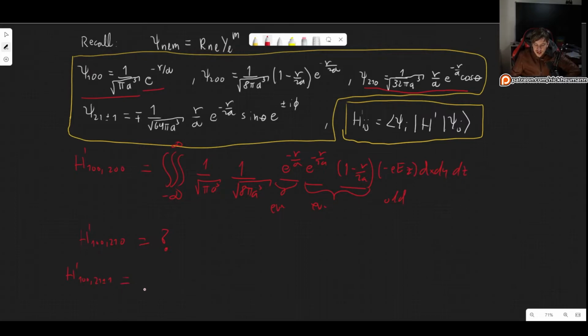So in this case, well, what do we have? Let's see, so we have an even function here, and this entire thing is x plus iy. So this is also even. So we have an even function times an even function times the odd perturbation. So this will also be 0. So no need to go for it.